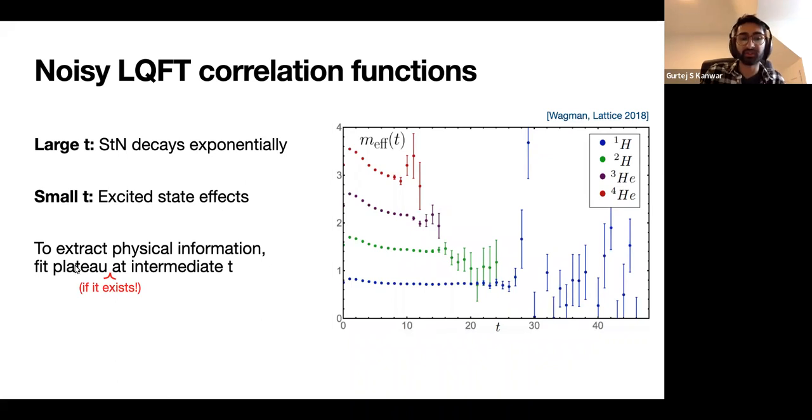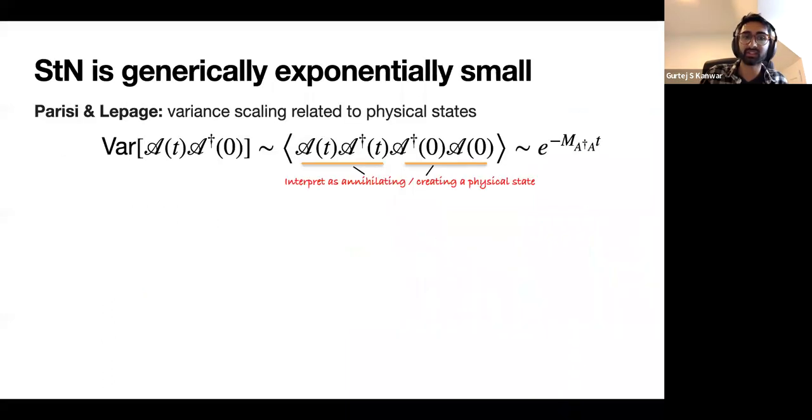But unfortunately, that's also a limit in which we get access to these lowest lying energy states without excited state contamination. So really, typically one is forced to find the intermediate ground between the statistical error blowing up and excited state contamination still playing a role. Ideally, you look for some sort of intermediate plateau, but that doesn't always exist. And this can also therefore introduce systematic errors in such calculations.